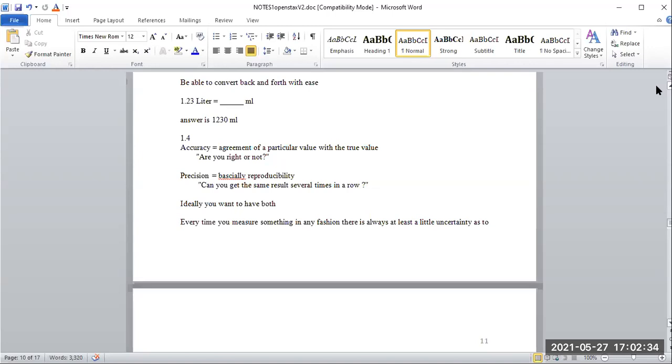Precision, though, is reproducibility. And one of the things that especially people who've already done the lab will notice is that a lot of things are done more than one time. There is the measurement for the mass of 7 milliliters of water, and I have my students do it 3 times.